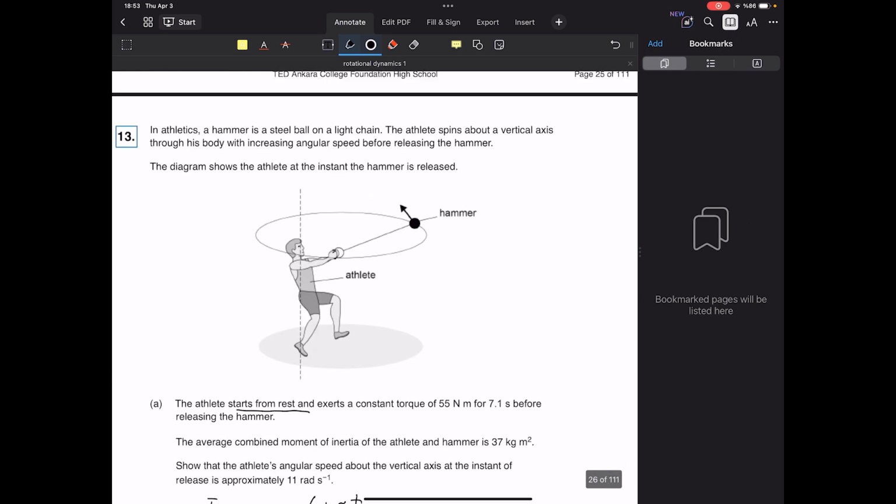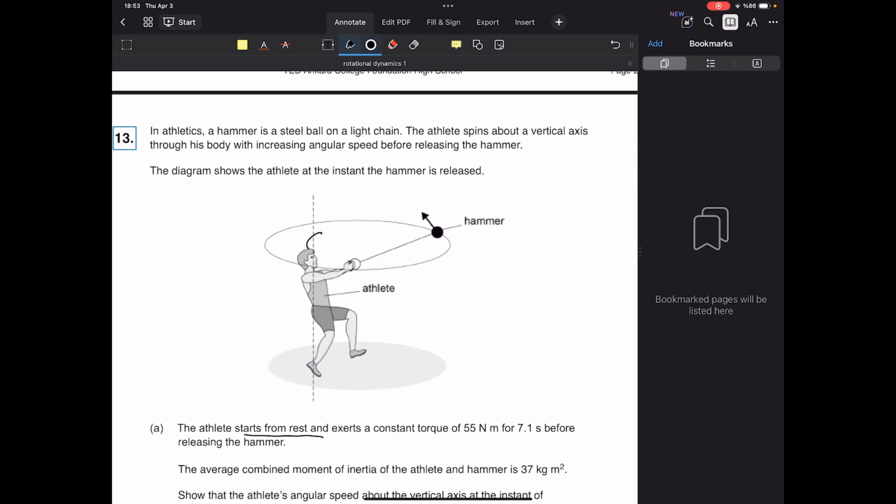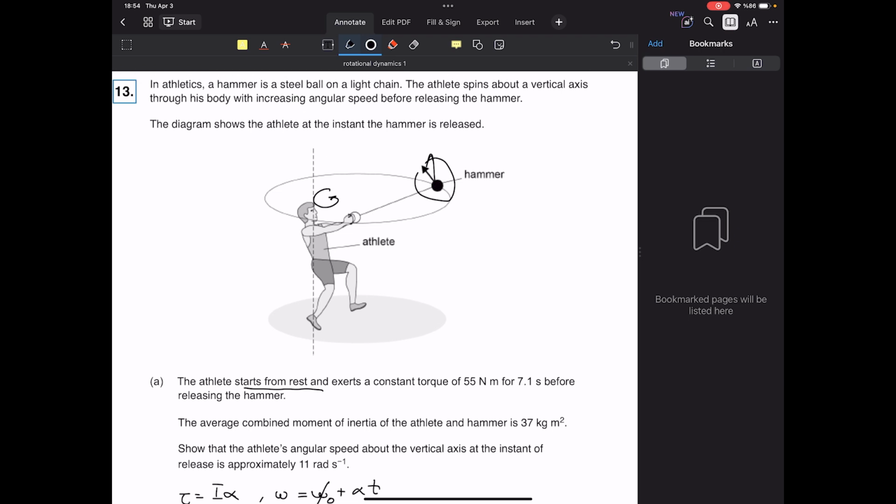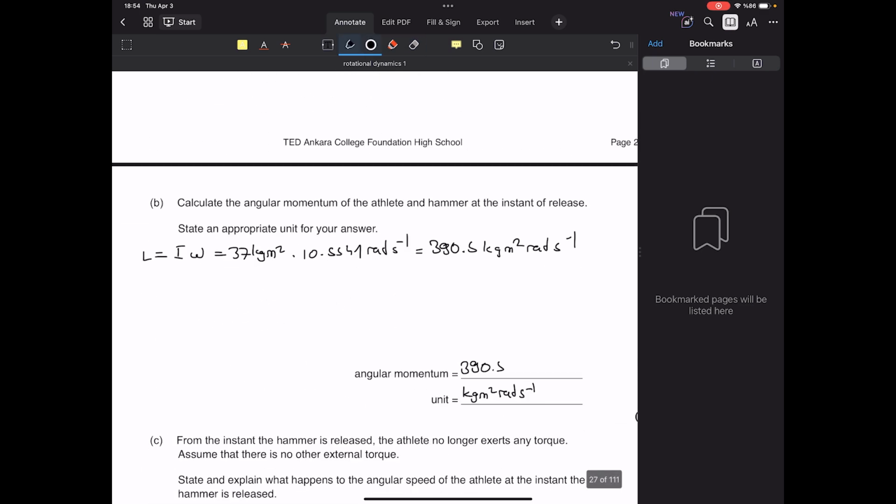So if you think about it, the athlete is rotating, and once the hammer has flown off, it is no longer rotating. So the moment of inertia of the system decreases. But angular momentum must be conserved, so the angular velocity of the athlete increases.